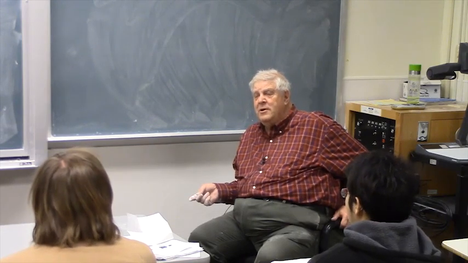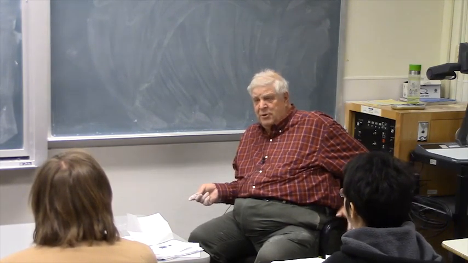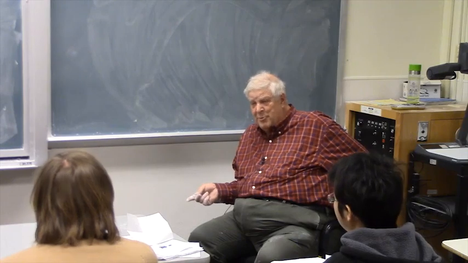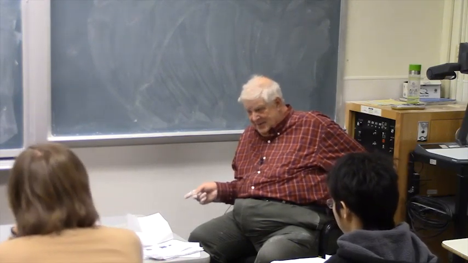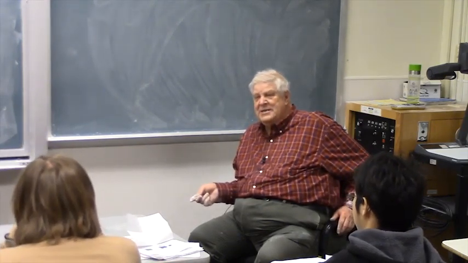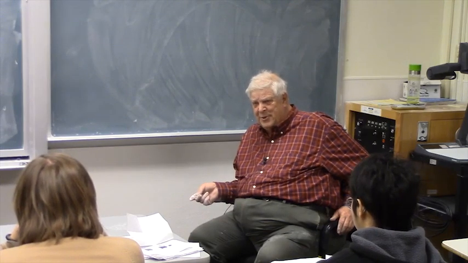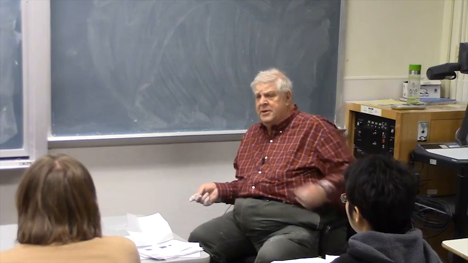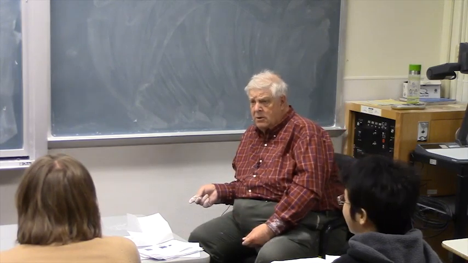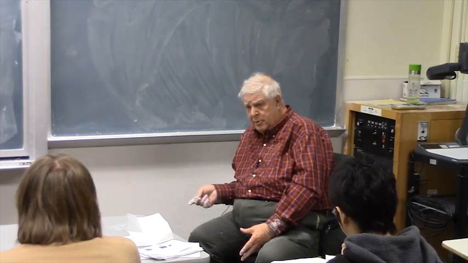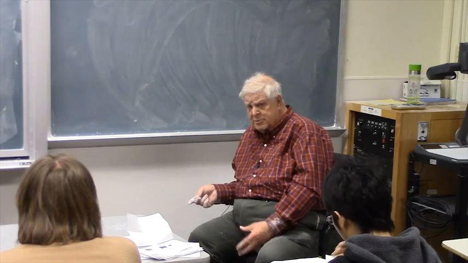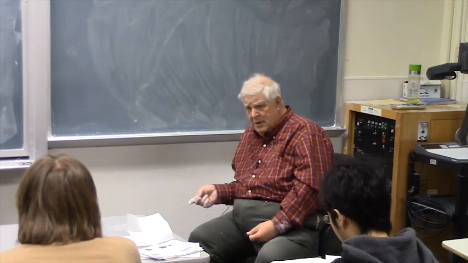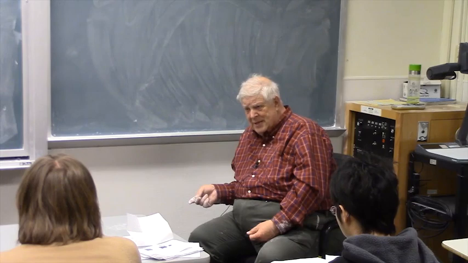Certainly you all know regular polyhedra. But there are, I think, semi-regular polyhedra. Do you know what it is? Polyhedra whose faces are all regular polygons, but with different numbers of sides.